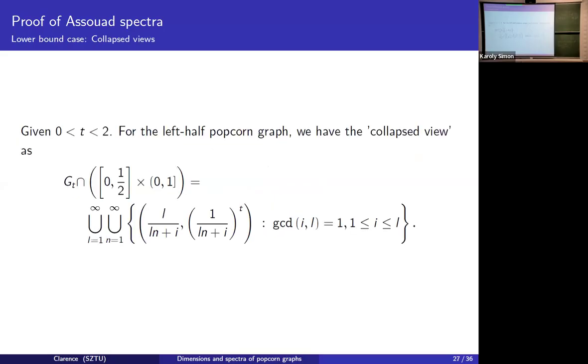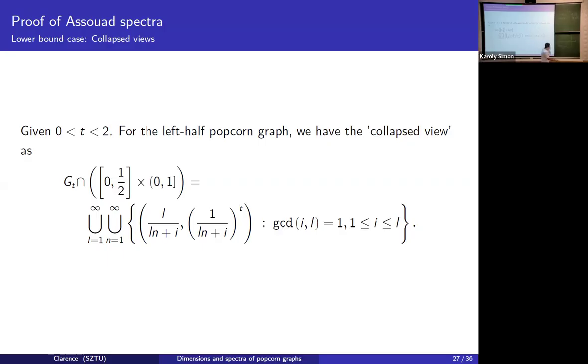As for the lower bound, we need another intuition or vision about the popcorn graph, called the horizontal vision. It means that if we consider the left part of the popcorn graph, it can be expressed like this: L divides Ln plus I, taking the values of one of Ln plus I to the powers of t. Here I would like to give an example.